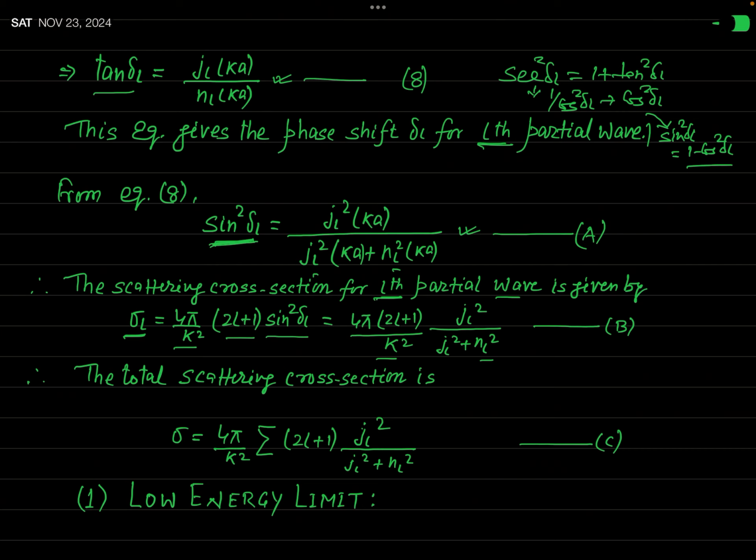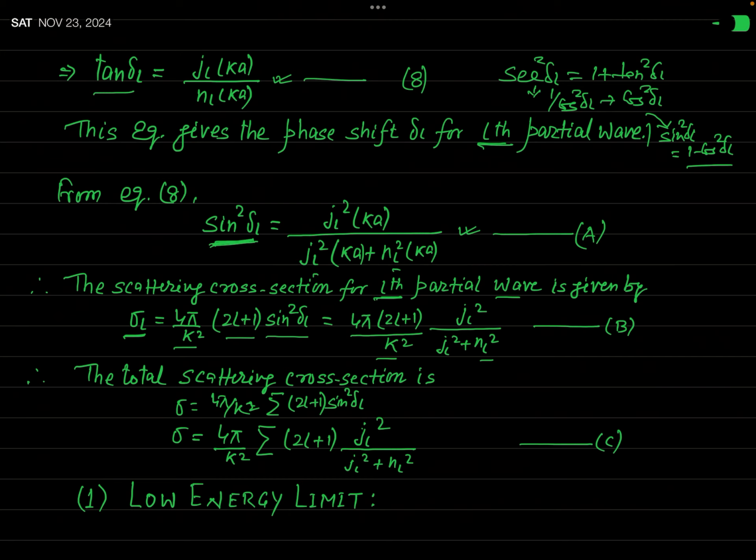Now, if you want to find the total scattering cross section, how can you find it? You have to take sigma as 4 pi over k square, summation 2l plus 1 times sine square delta L. This is the well-known expression for the total scattering cross section.